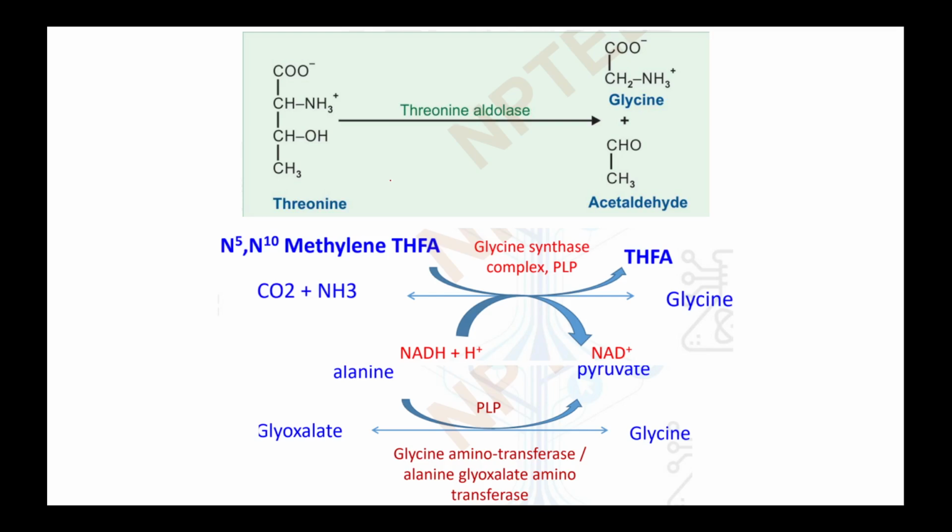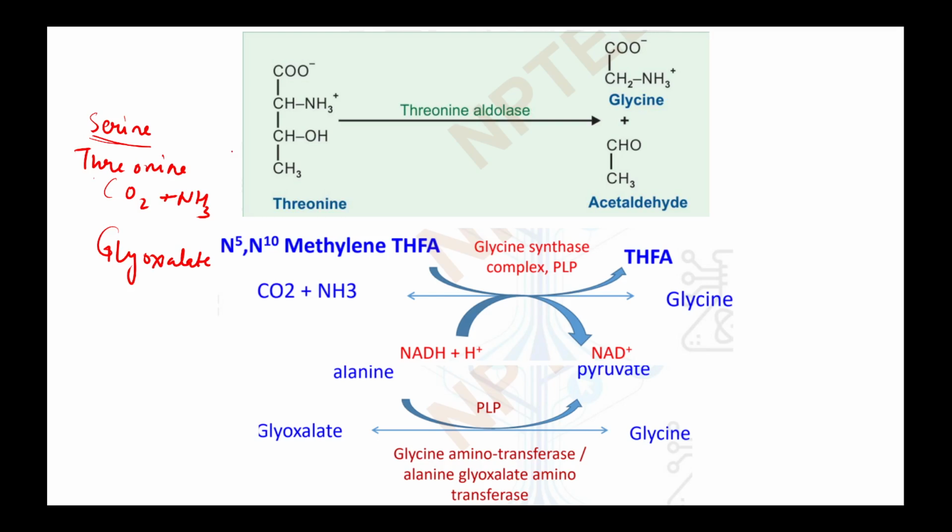So glycine can get synthesized from serine, threonine, CO2 and NH3 directly, and then glyoxylate. So all these 4 molecules can act as a substrate for glycine synthesis. So we saw glycine synthesis from serine by serine hydroxymethyl transferase.